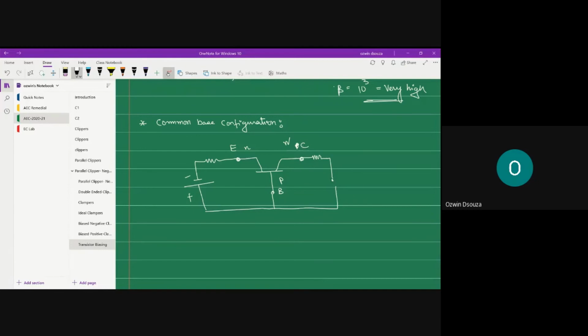Similarly, this is N. So this is the negative terminal of the battery and this is the positive terminal of the battery. The emitter current will be in this direction, this is your collector current, and this is your base current.